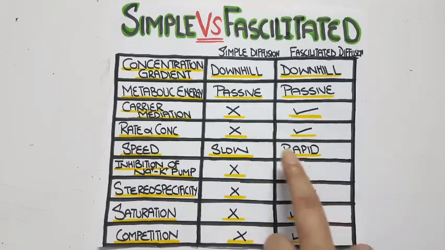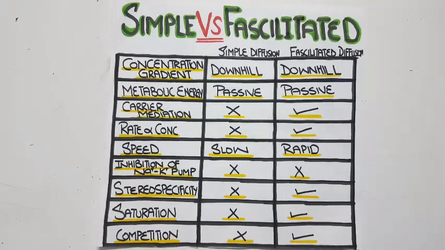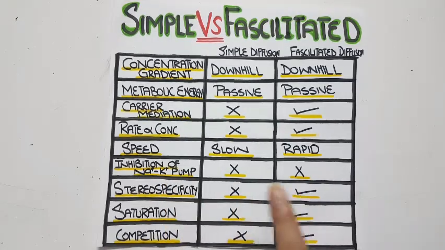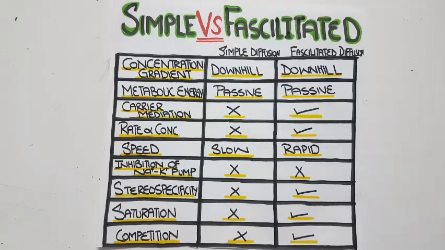Facilitated is rapid, simple is slow. There is no inhibition of the sodium potassium pump by either of these processes, whereas stereospecificity, saturation, and competition are features of facilitated diffusion and not simple diffusion.